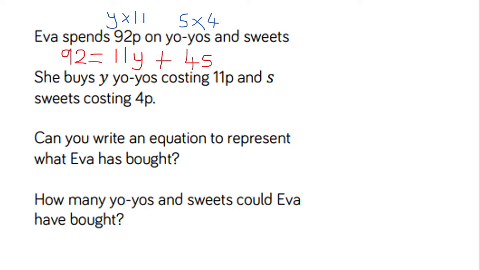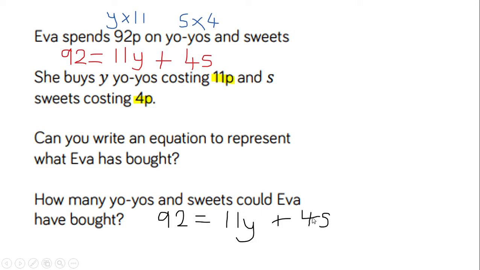Okay, so now we need to work out how many yo-yos and sweets Eva could have bought. Now this is where we need to look at the numbers in the question. So we've got an 11 and we've got a 4. Let's look at this 11 and let's look at the 92. So we know it's going to be something in the 11 times table.